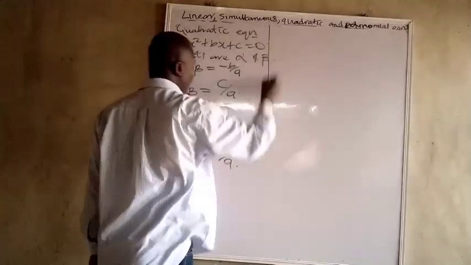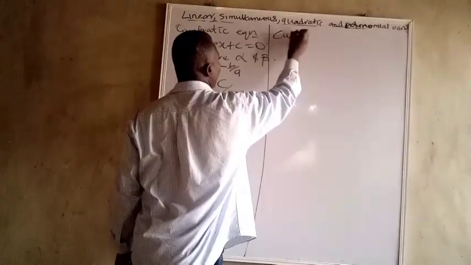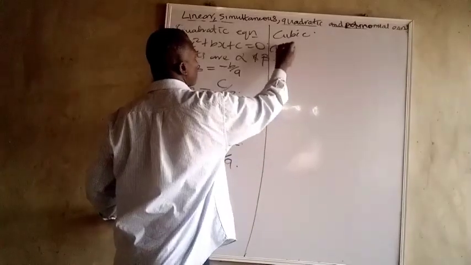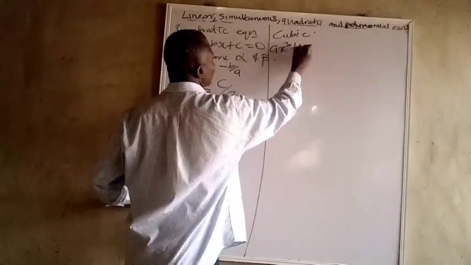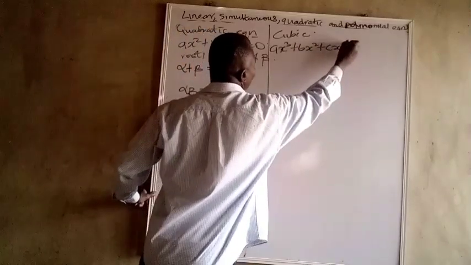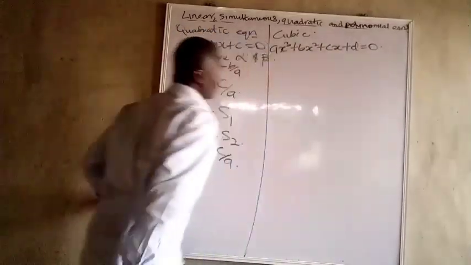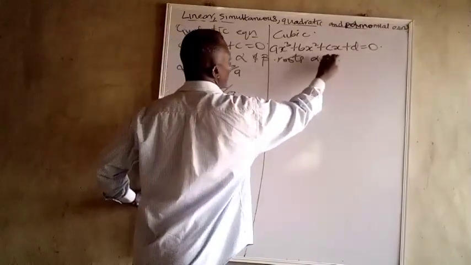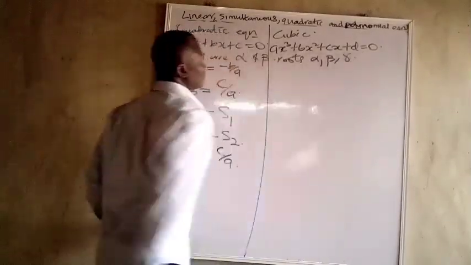Now let's go to cubic. Cubic is in 3. The degree is 3. So we have ax cubed plus bx squared plus cx plus d equals 0. So the roots are alpha, beta, gamma.